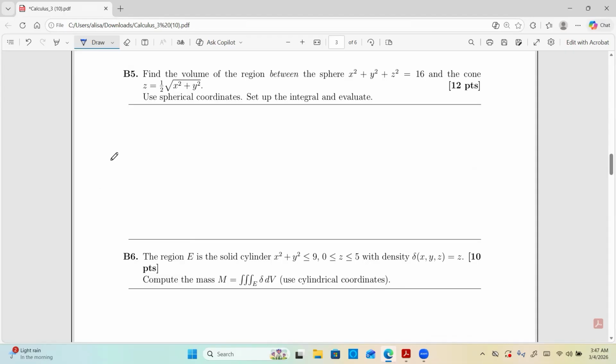So the region here in this case, let's see how it looks. So we have the sphere. Let's sketch a quick figure here. So we got the cone and then we have the top sphere. The cone is gonna start at the origin and go all the way. You can plug in a few z's to see what it looks like.